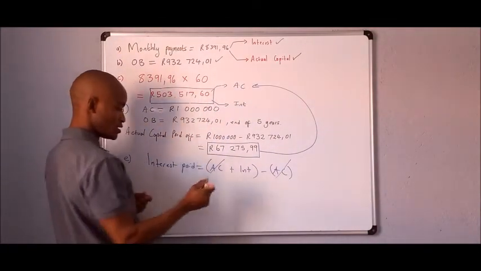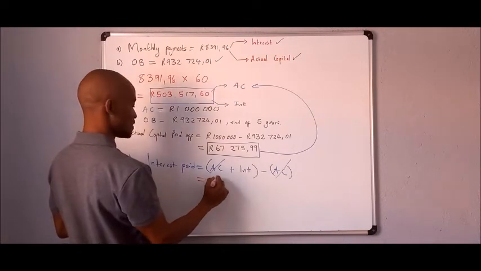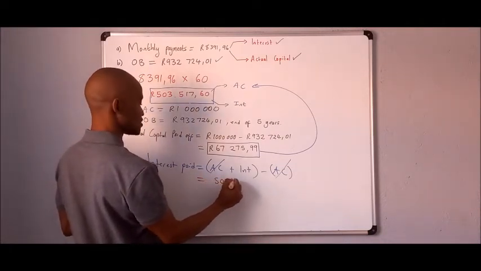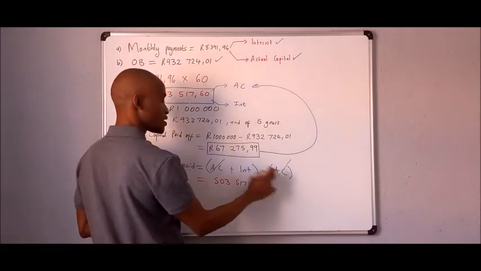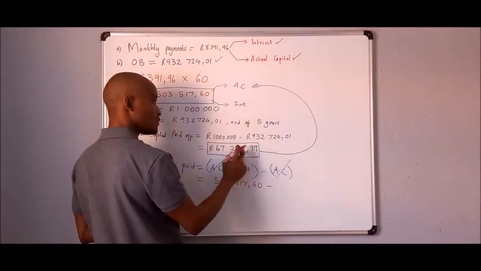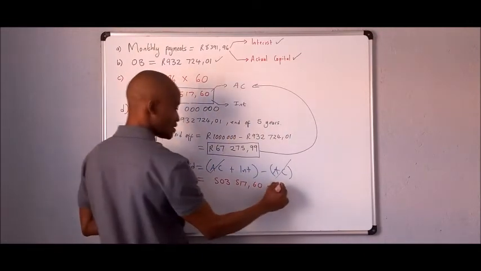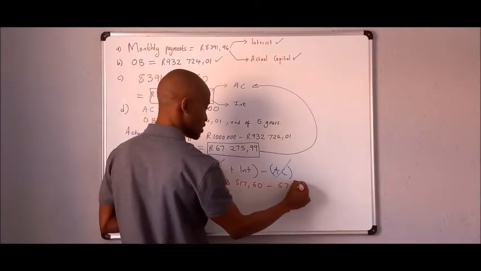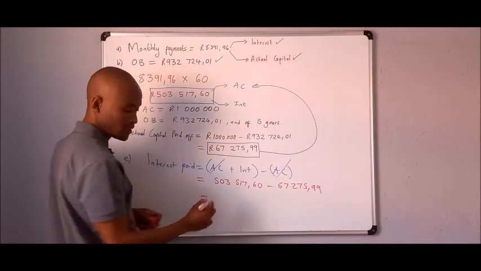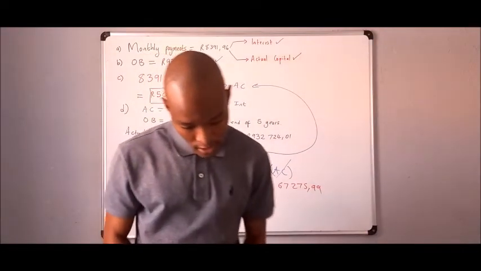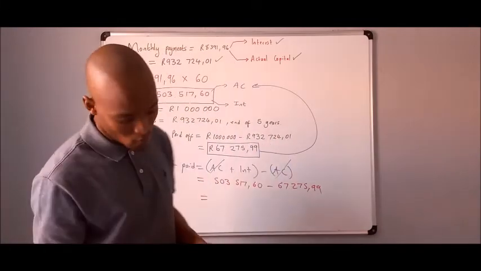It is this figure right here: 503,517 and 60 cents minus the actual capital that was paid at the end of 5 years, which is 67,275 and 99.